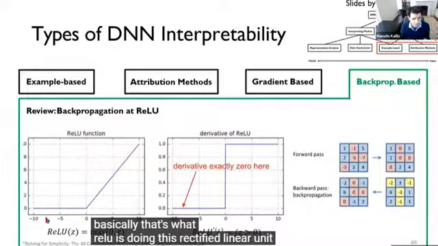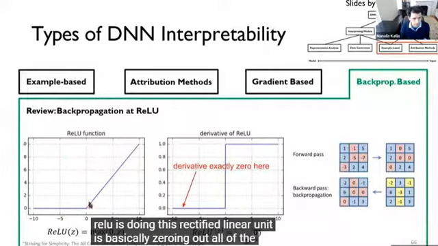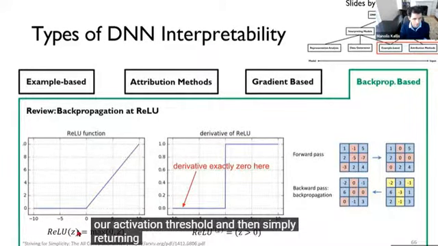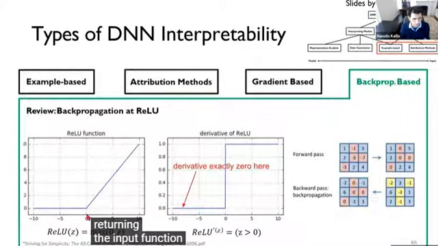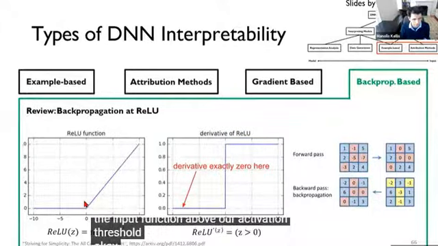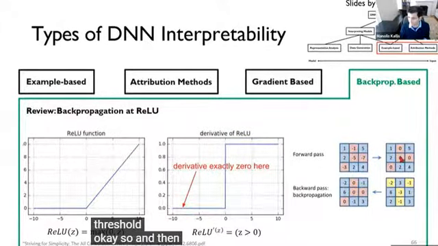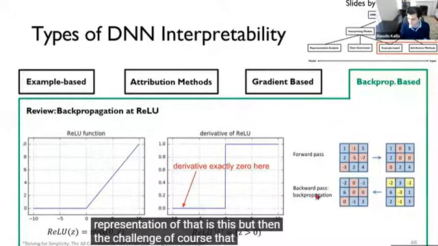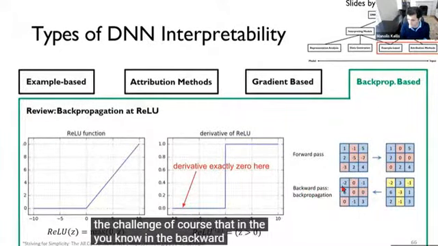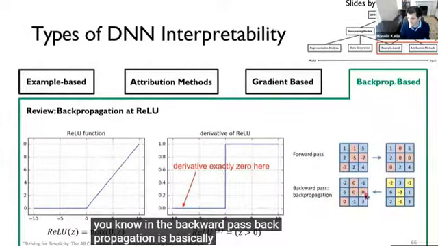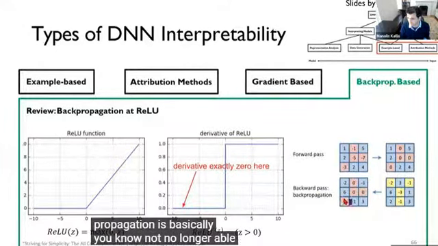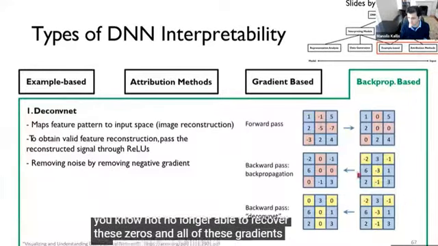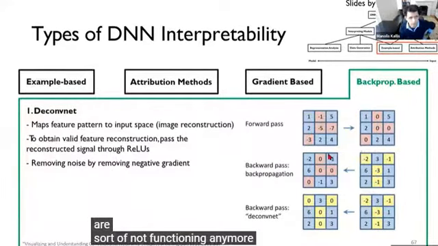This rectified linear unit is zeroing out all of the features below our activation threshold and then simply returning the input function above our activation threshold. But then the challenge, of course, is that in the backward pass, backpropagation is no longer able to recover these zeros, and all of these gradients are not functioning anymore.